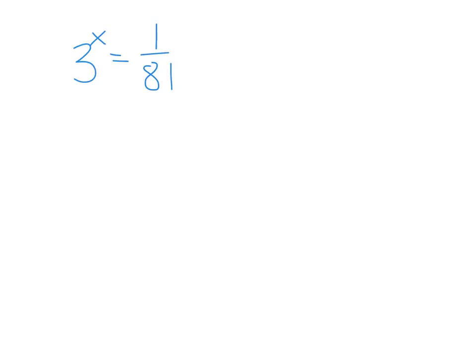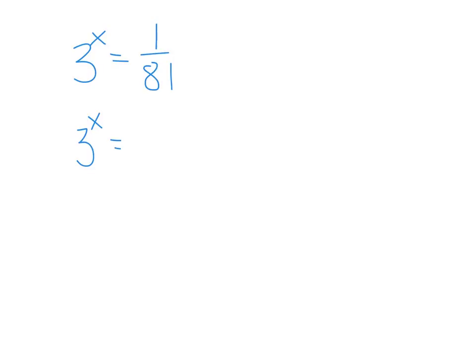We want to write 1 over 81 as 3 to some power so that we can ignore the bases and just mess with the exponents. But I want to do this in more than one step.